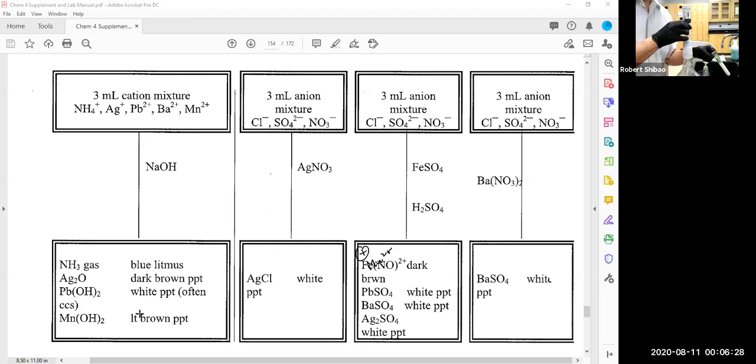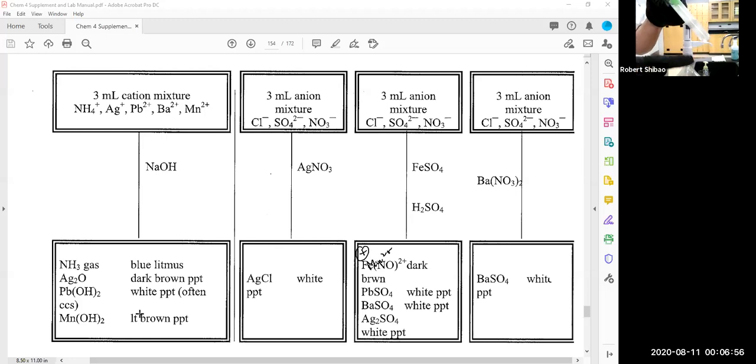So what I'm going to do is gently push the plunger in, and then slowly, drop by drop, let the sulfuric acid drip into the solution along the bottom wall of the test tube, like so. Okay.